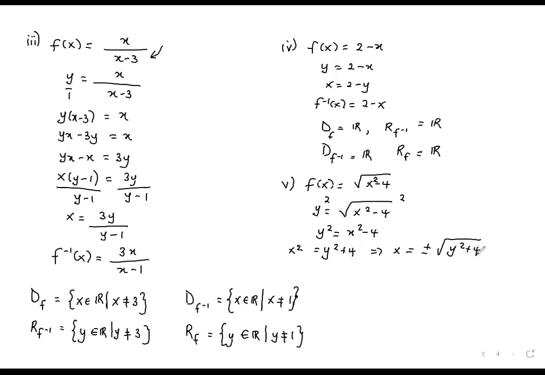So what does this mean? This means that F inverse of X is the root of Y squared plus 4 on a condition that X is greater or equal to 2, and F inverse of X is equal to negative the root of Y squared plus 4 on a condition that X is less than 2.